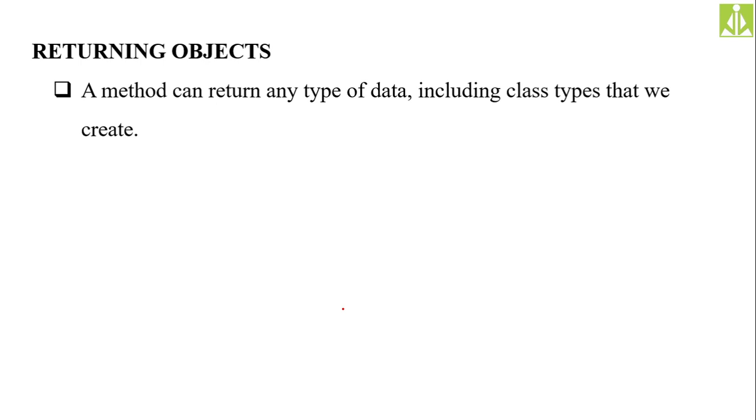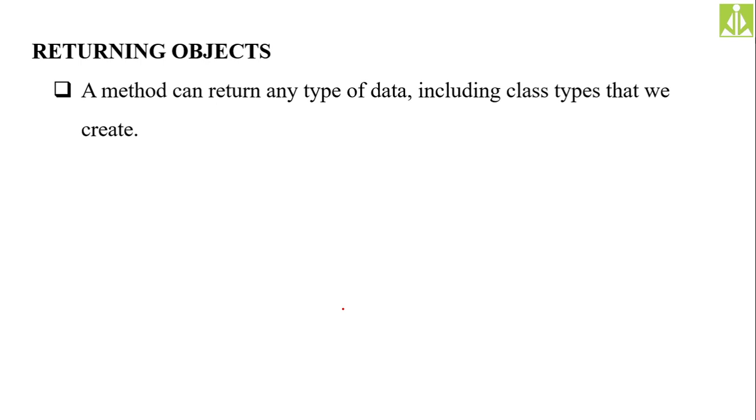So like how your method is receiving objects, your method can also return objects. Just now we have seen in the call by reference mechanism that we can pass the object as an argument to the method. So when you are passing an object as an argument to a method, there is a flexibility that you can also return an object from a method. There is no difference in that.